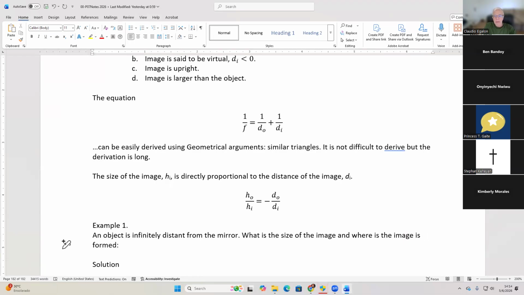We already did the second part. Find the position of the image first, and its size.